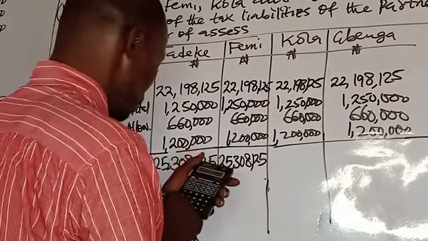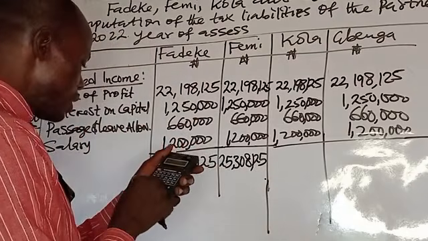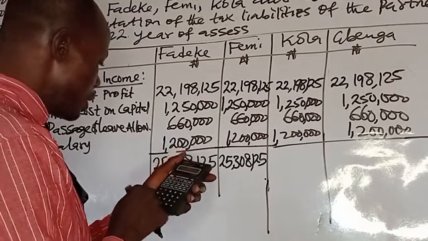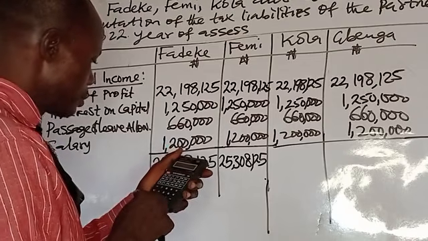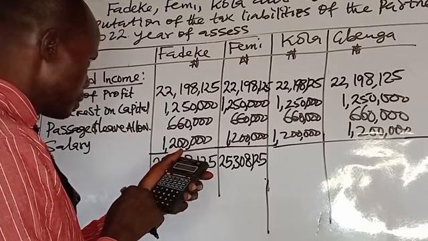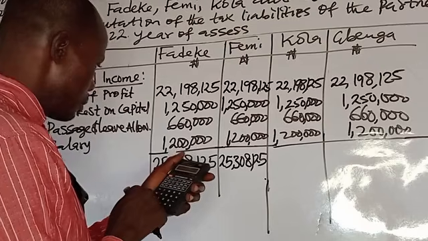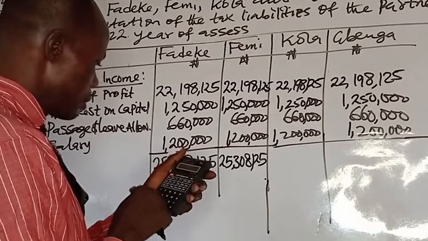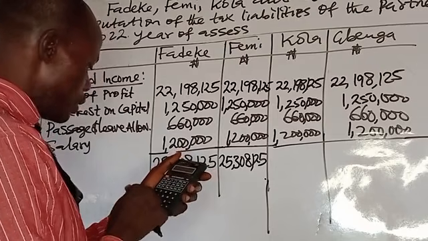For Kola, 22,198,125 plus 1,250,000 plus 660,000 plus 1.2 million.